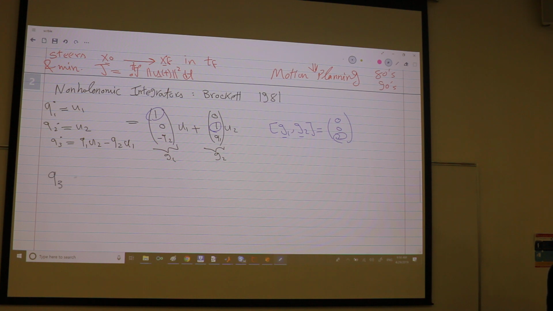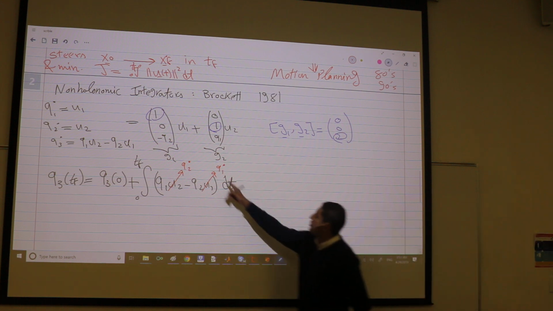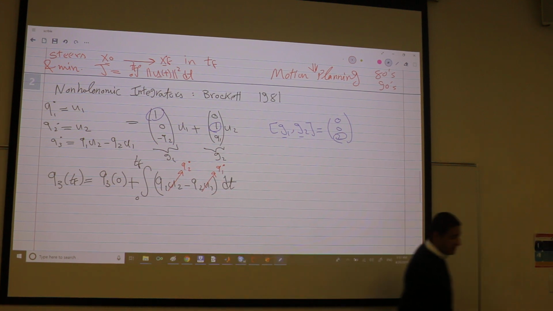So here is Q3 of final time, T final, is Q3 of 0 plus the integral from 0 to T final of Q dot, which is Q1 U2 minus Q2 U1. This is dt. And we know that this guy is Q2 dot and this guy is Q1 dot. And Q1 dot dt is simply dQ1.